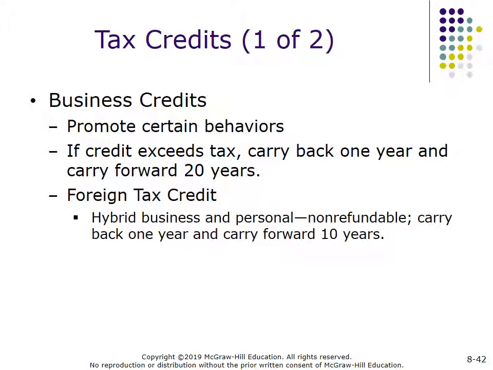So let's take a look at an example on page 8-30 to see how this works. Courtney's earned income for the year is $160,800, and her AGI is $187,000. Darren and Ellen both qualify as qualifying children, and that's one of the keys. You've got to make sure that they're a qualifying child in order to say you have children for the earned income credit. What amount of credit can they get? Well, that's obvious. It's 0.